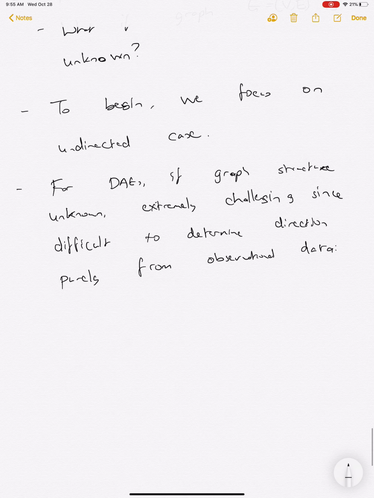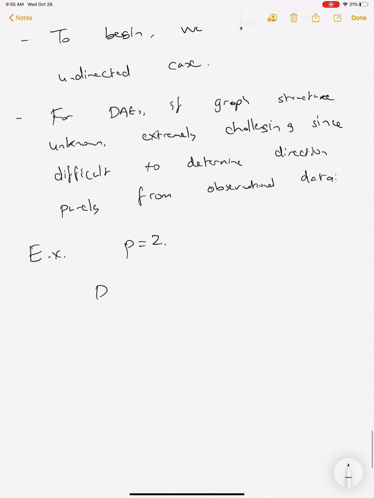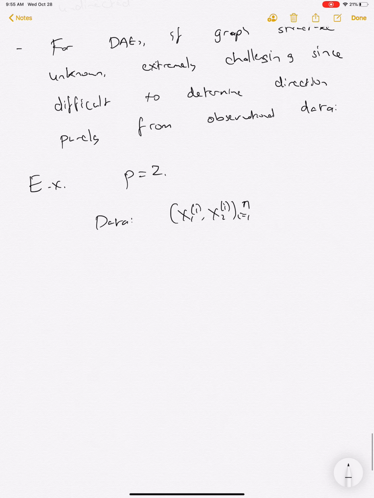Okay, I'm just going to give you one very simple example here. If we look at p equals 2, let's say your data is x1i, x2i, i equals 1 to n. Therefore there are just 3 possible graphs.